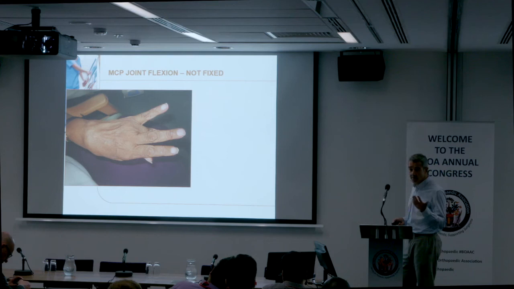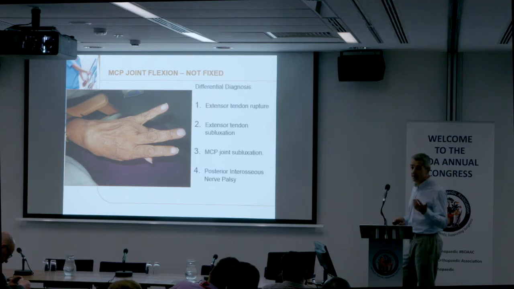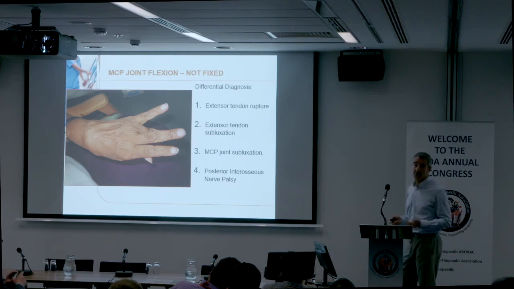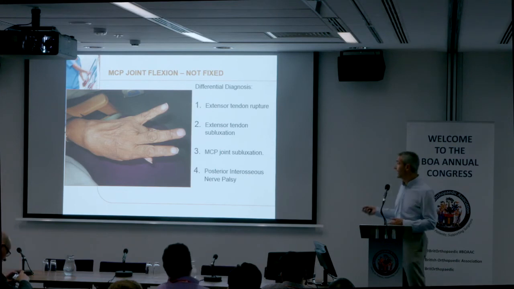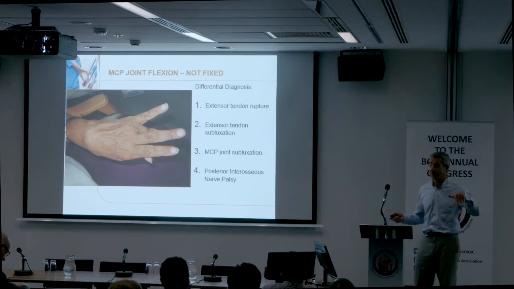We need to have a differential diagnosis for that. Is it an extensor tendon rupture? Is it that the extensor tendon subluxed because of a sagittal band tear? Is it that the joint subluxed because of an injury to the joint? Or is it because of a nerve injury, a posterior interosseous nerve palsy?